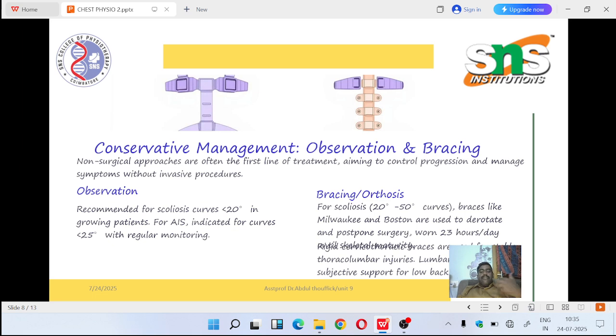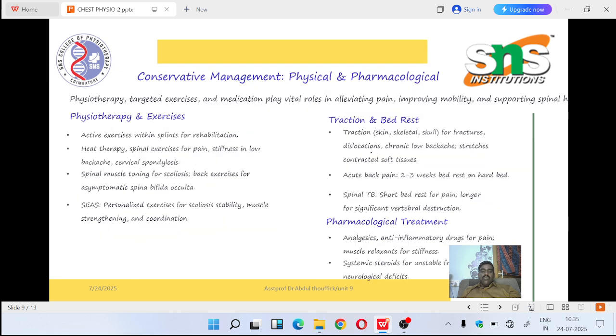Traction and bed rest may be required for fracture cases or severe pain cases. Medications like analgesics, anti-inflammatory drugs, muscle relaxants, and steroids for unstable fractures may be required.